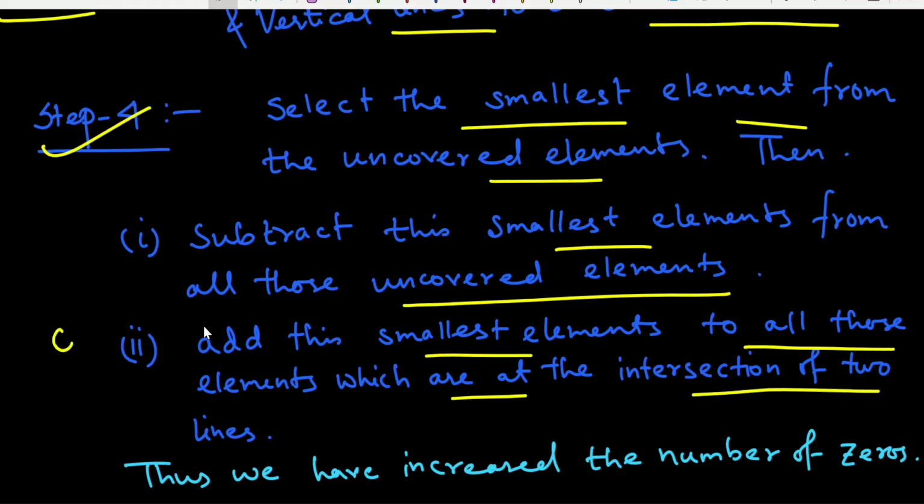That is, suppose this is an element 2. If this 2 is intersected by two lines, then we add the minimum element to this element and subtract it from all other uncovered elements, these two conditions.